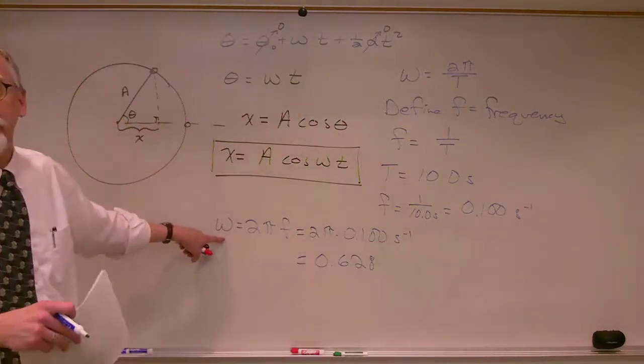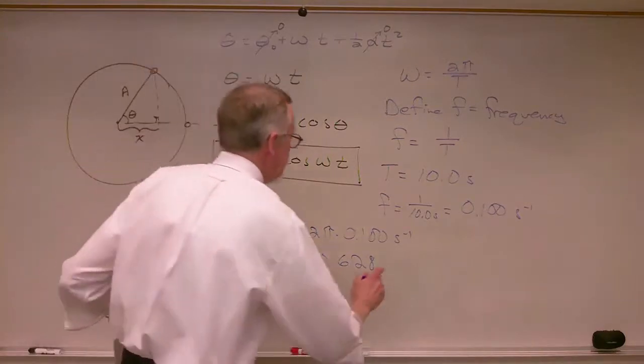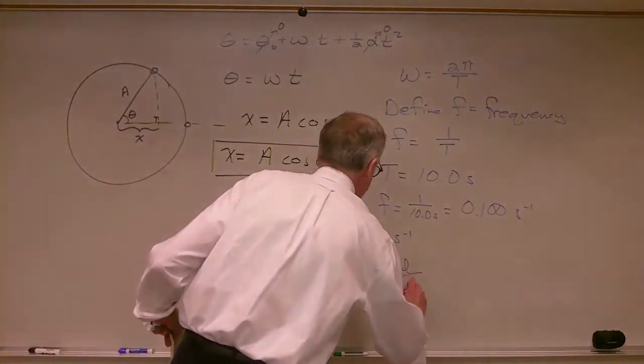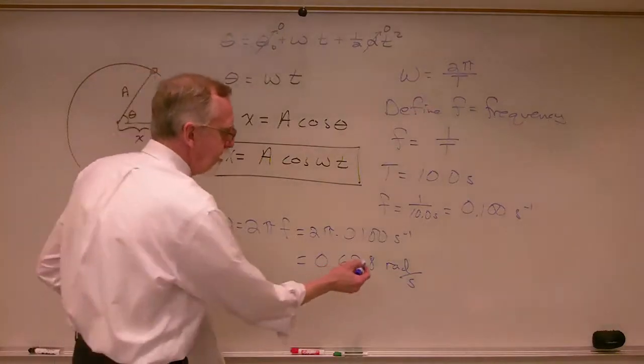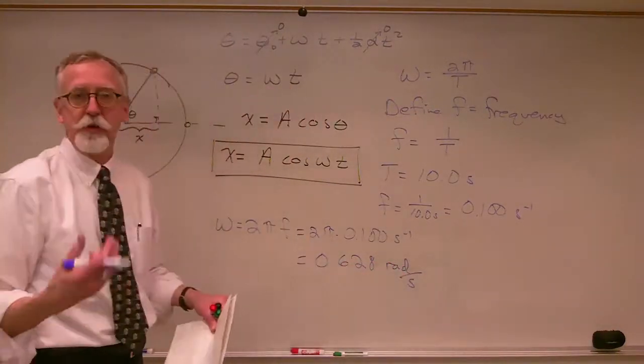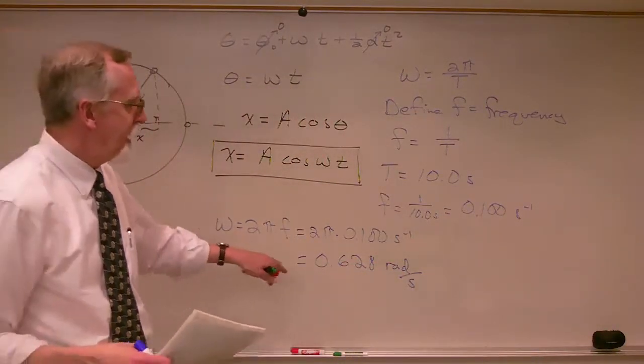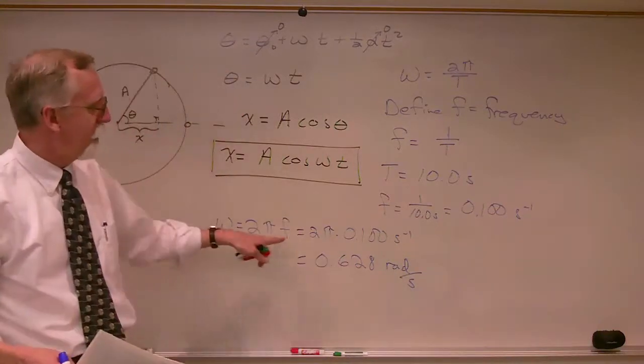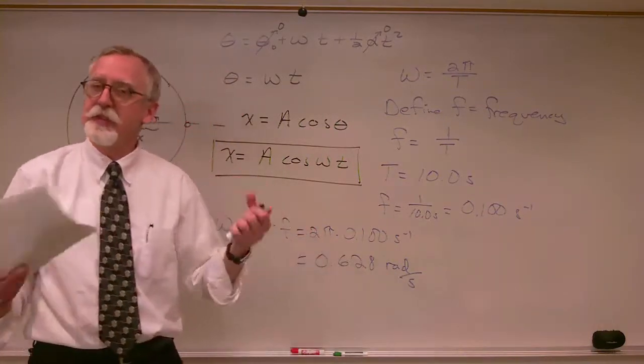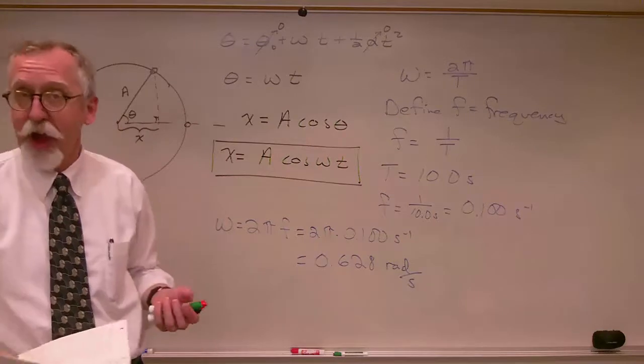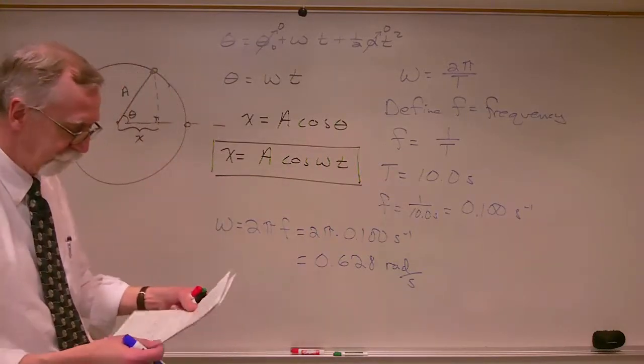Or, to emphasize that this is an angular velocity, we can write this as radians per second. Radians we can think of as a very natural kind of unit that we can stick in there when necessary, but keep in mind it's emphasizing a phase or an angle of the motion.